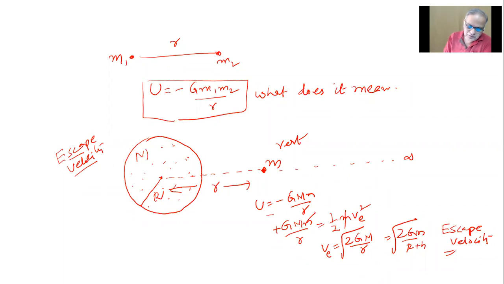So from 0, the potential energy decreased to what? Minus GMm by r. And in order to bring it back to 0, so it will go to infinity, we should do plus GMm by r work, in the form of giving kinetic energy. Kinetic energy. That's not a bad thing.